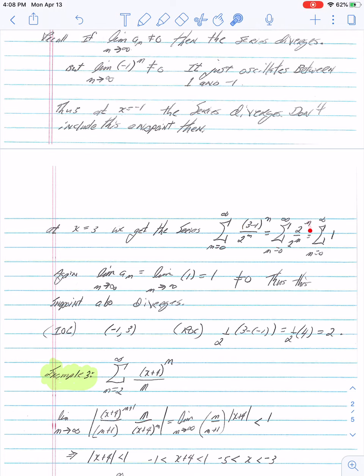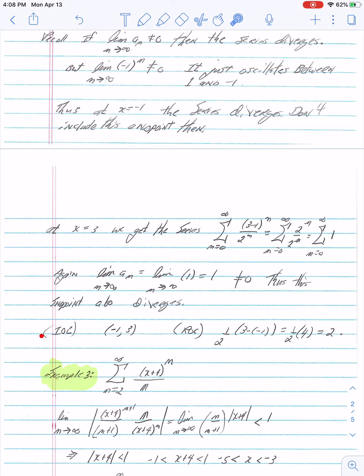I get 2 to the n over 2 to the n, that series. That's n running from 0 to infinity of 1. Again, that's a geometric series. R is equal to 1, if you will. That also does what? Diverges. So I check both endpoints, and at both endpoints, it diverges.